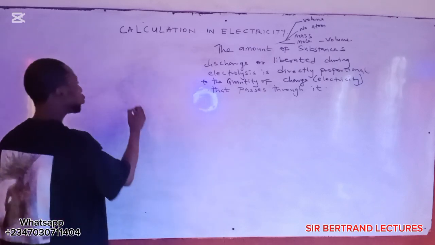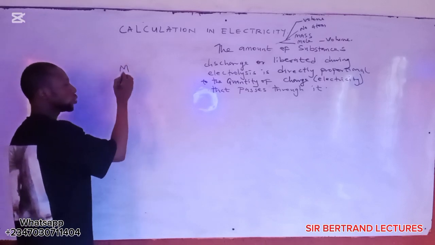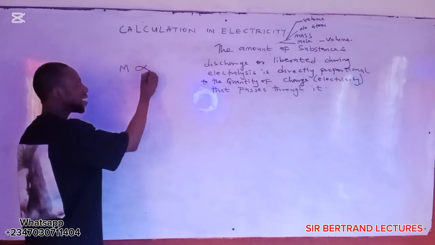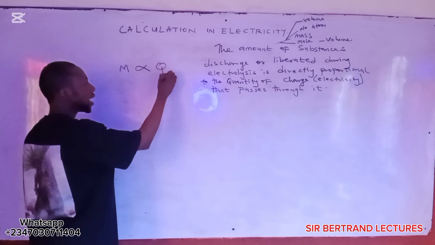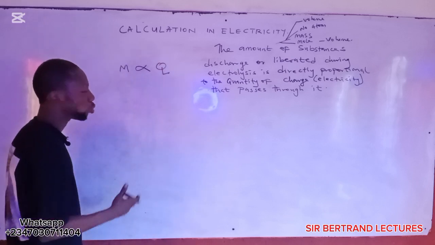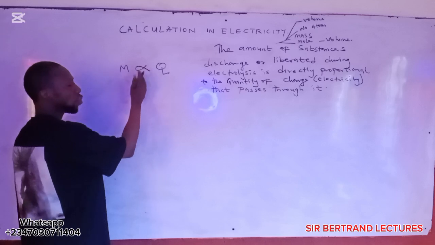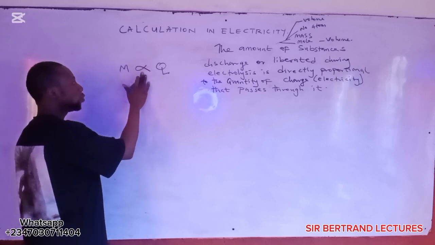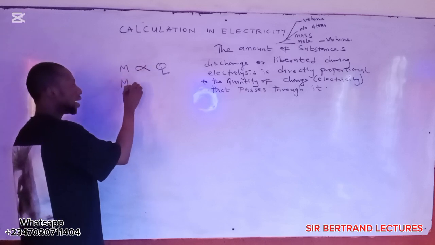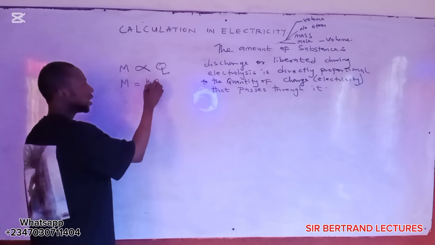Here in the calculation, we use mass to describe. Mass is directly proportional to the quantity of charge that passes through it. Now this is the sign of proportionality. If you want to remove it, it becomes mass is equal to kQ.